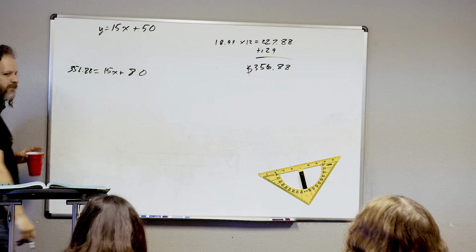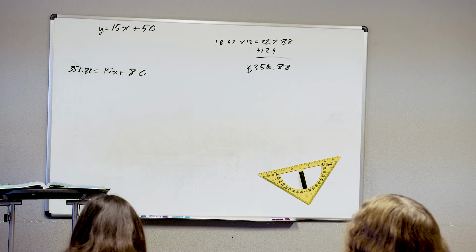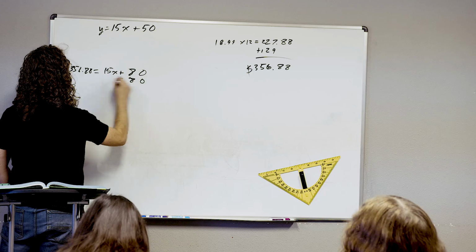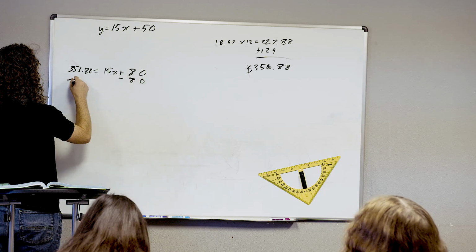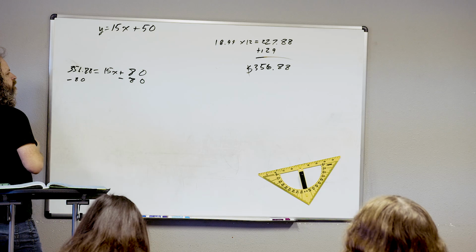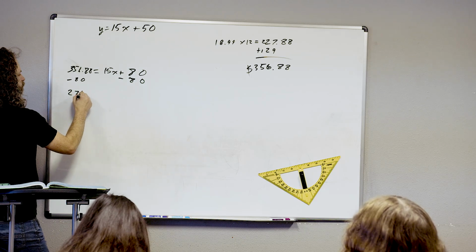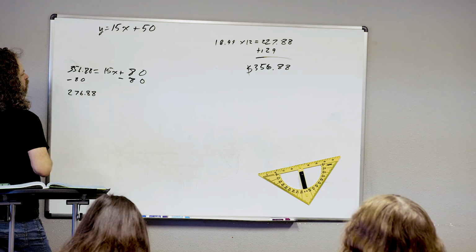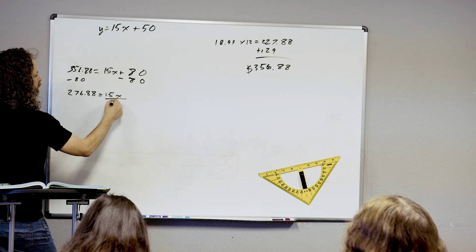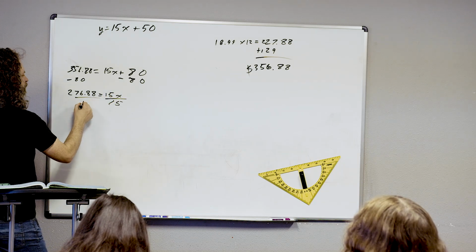So, how would we solve this equation? Subtract 80 from both sides. I agree. What's 356.88 minus 80? 276.88. And then we divide that by 15.